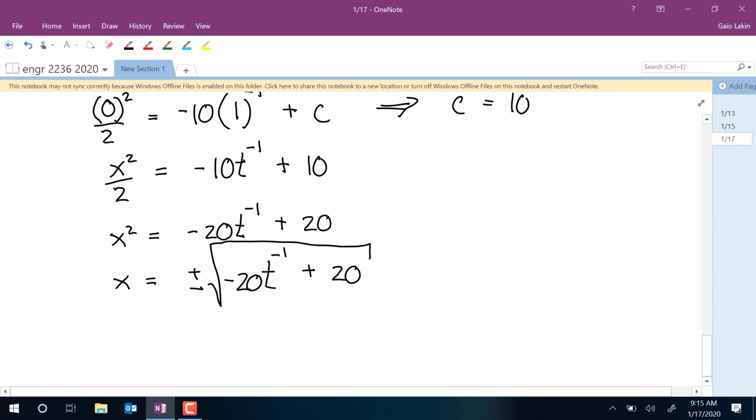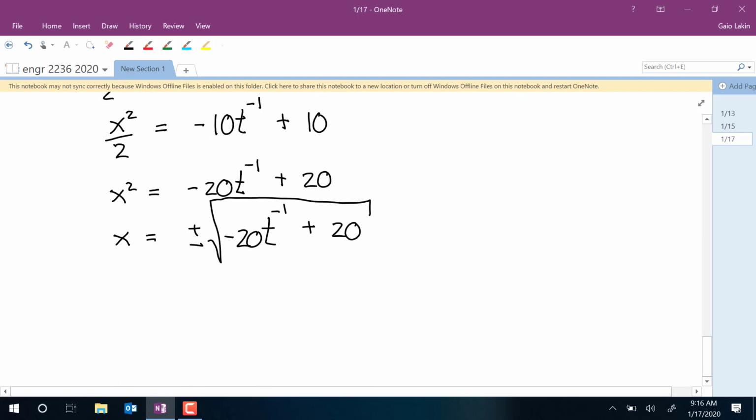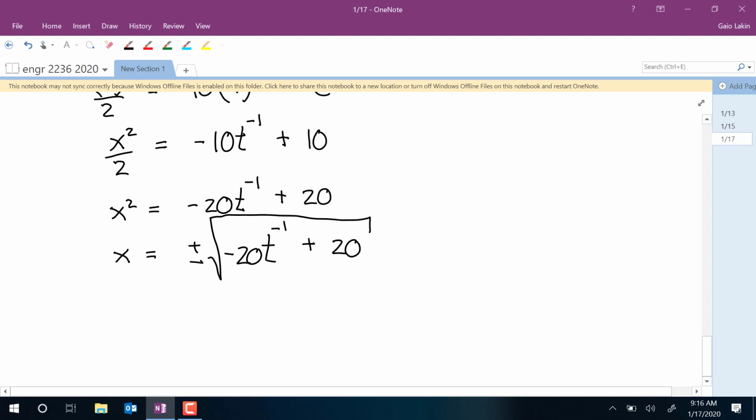that would be fine. But if you want to think about, would this function inside the square root ever be negative? You could worry about that. And it depends on your domain of t values. Okay, so that's the x value.